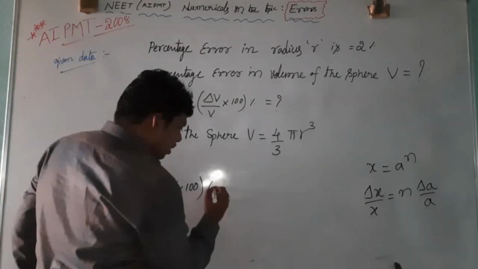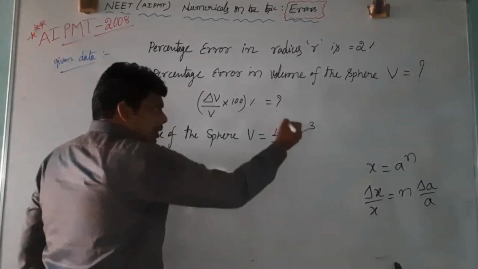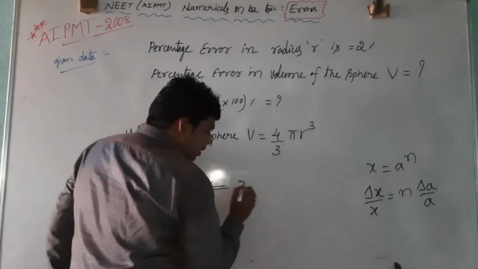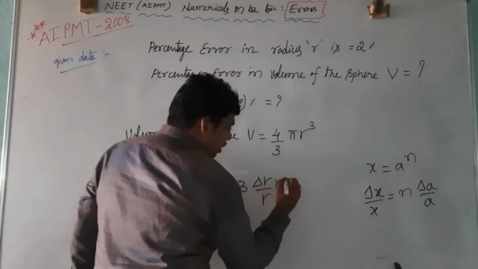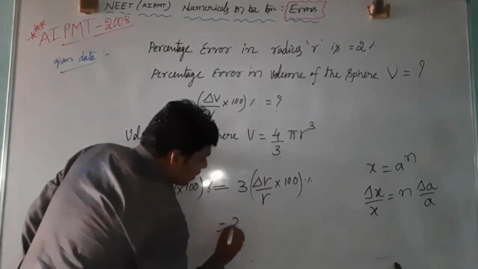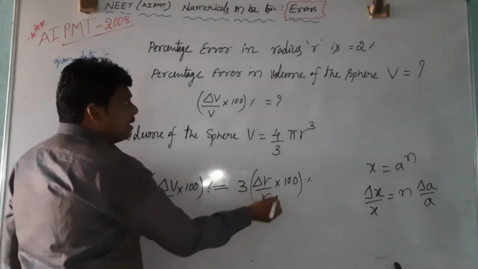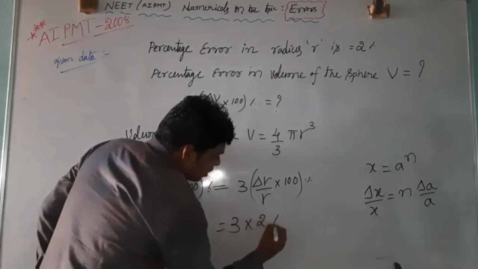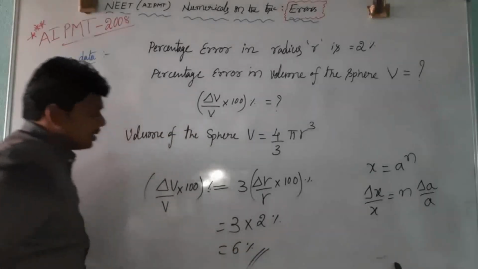Here 4 by 3 pi is the proportionality constant. Neglect that one. Then what is the power here? 3. 3 into delta R by R into 100%. As it is 3 into percentage error. Percentage error in radius is what? 2%. 3 into 2 is what? 6%. So your answer is 6%.